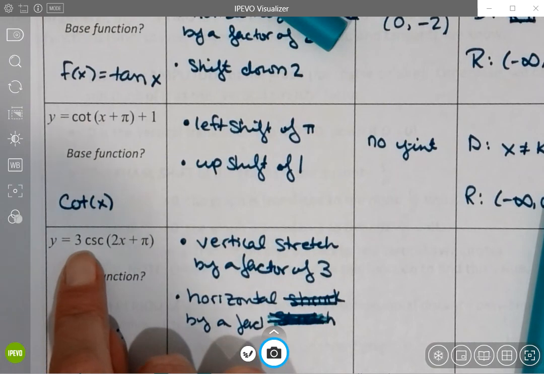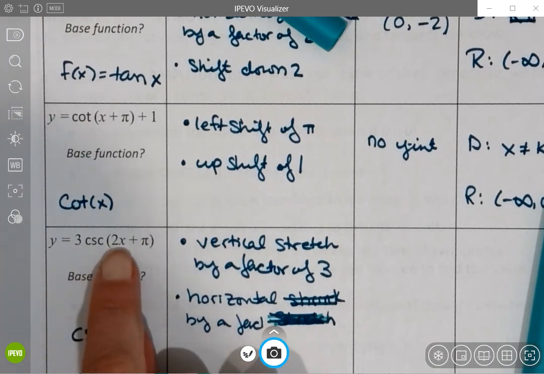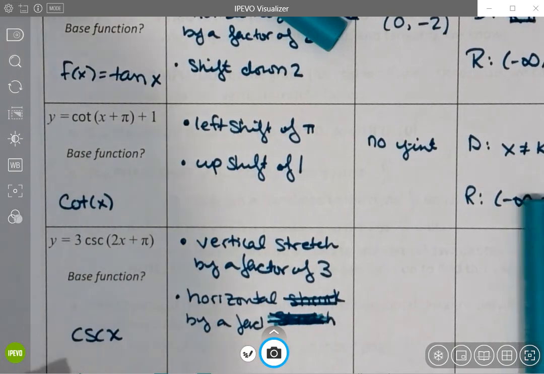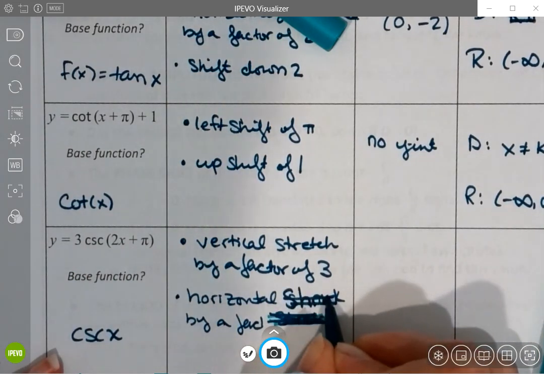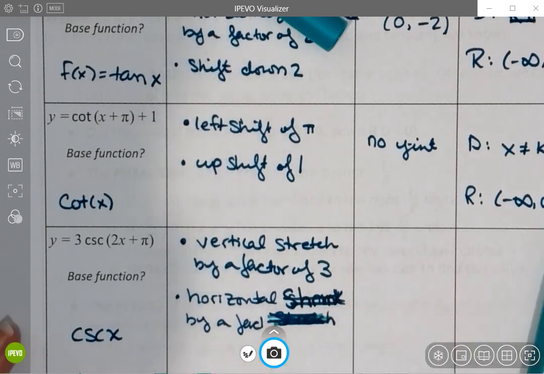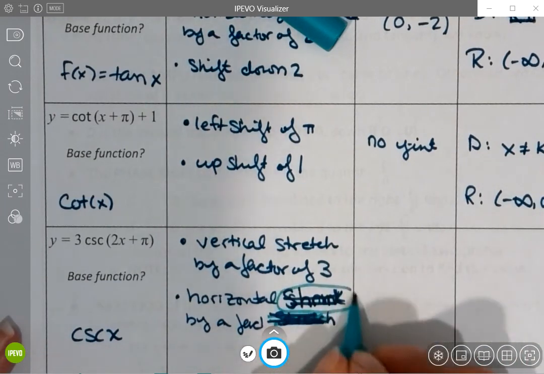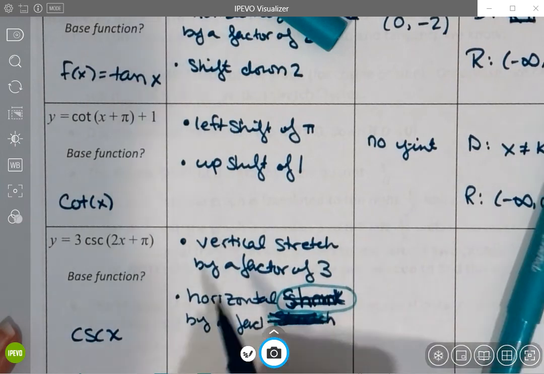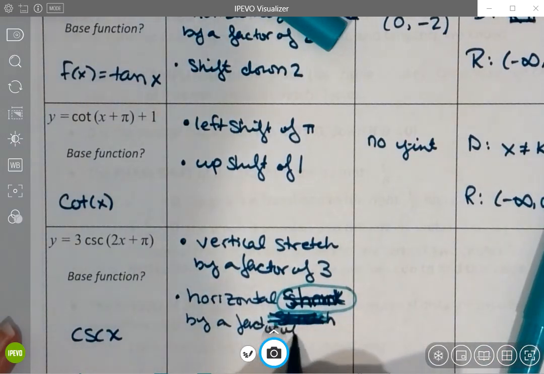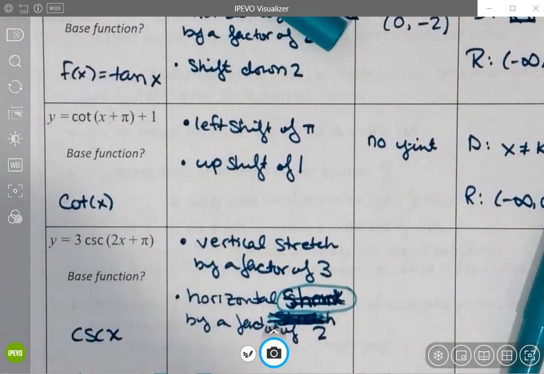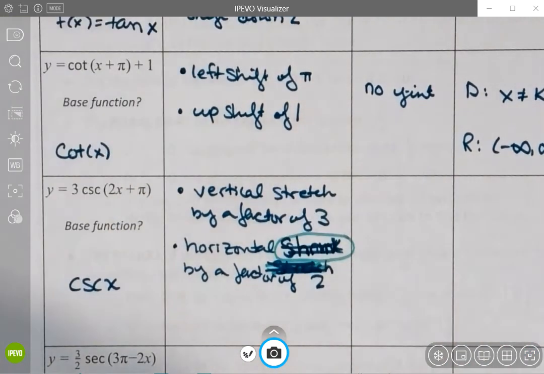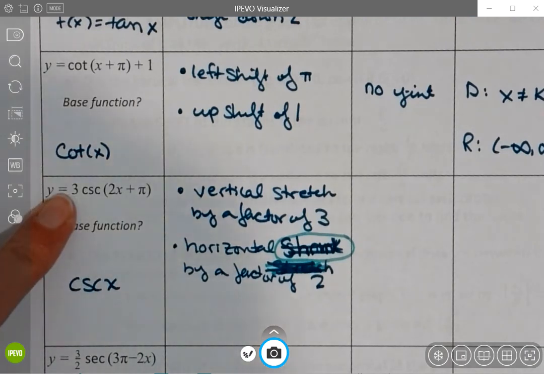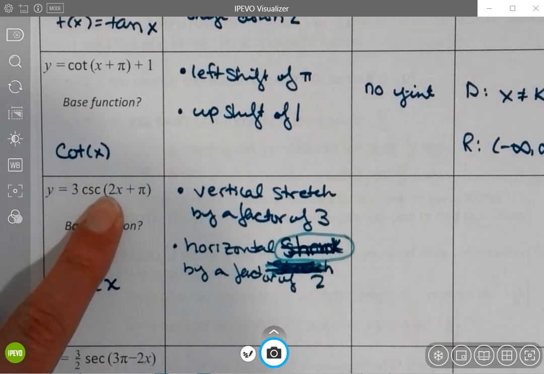That's standard. If my horizontal number is larger than 1, it's the opposite. It is not a stretch. It is a shrink. For some reason, I second guessed myself. Sorry about that, guys. It is a shrink. So it's going to be a shrink by a factor of 2. Opposite of the verticals. Verticals larger than 1, stretch. Horizontal larger than 1, shrink.